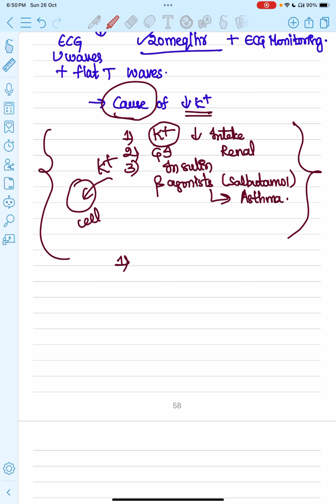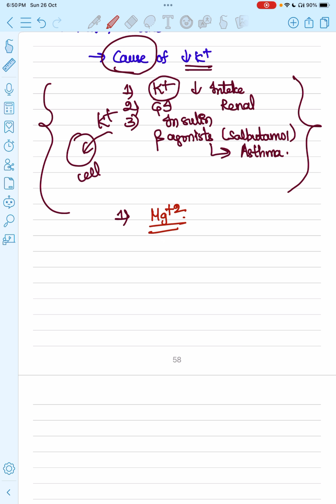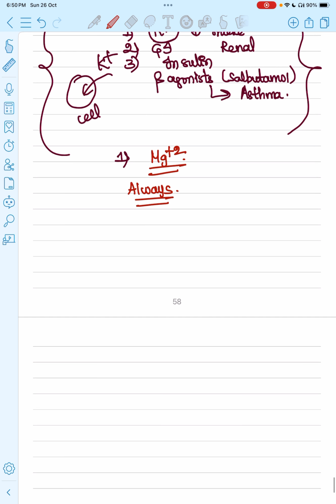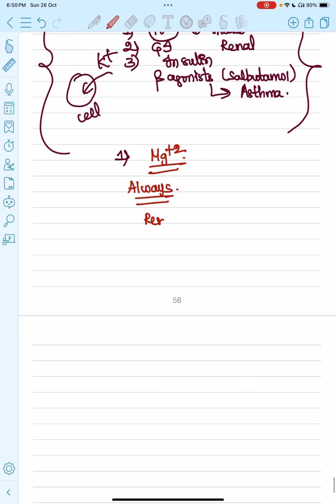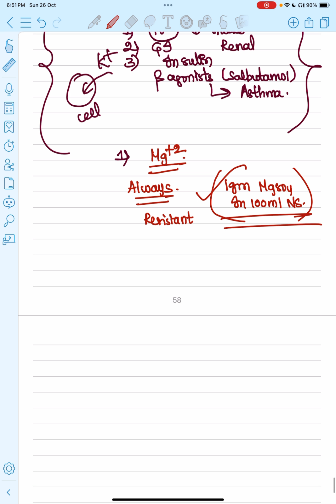In treating hypokalemia, magnesium also plays a very important role. So it is a must to check the magnesium levels. In resistant hypokalemia, 1 gram MgSO4 in 100 ml NS is given over 45 minutes.